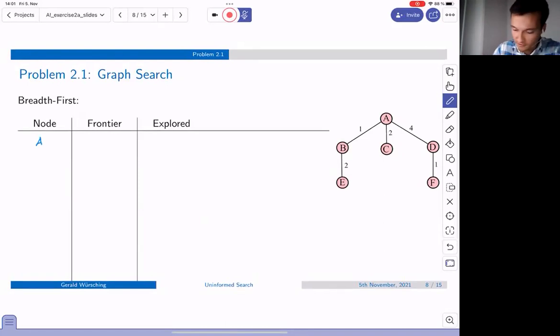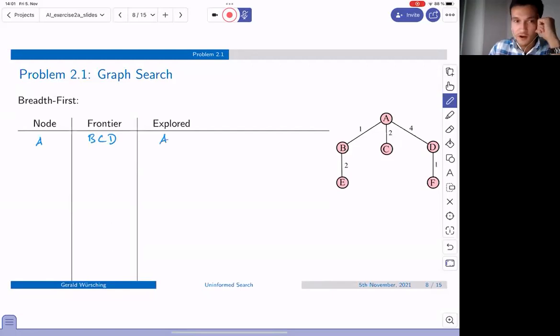Exactly. So we add the child nodes of A to the frontier, B, C, and D. We don't consider any costs because breadth first search is not optimal, so we don't look at any costs. And our explored set, what does it look like? Yes, exactly, A.